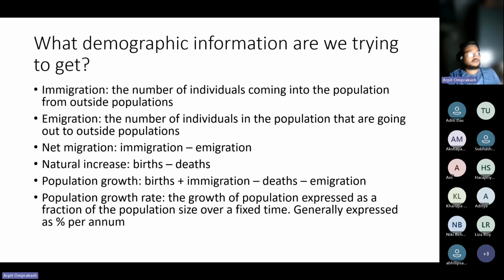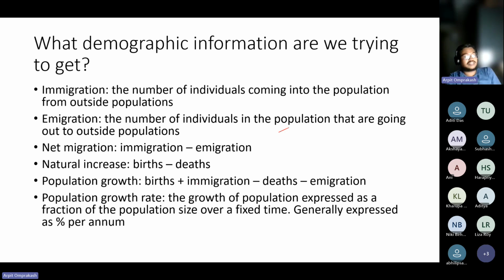Right. Other things that we might want to calculate are things like immigration, the number of individuals coming in or going out, and net migration, which is basically immigration minus emigration. If it is positive, that means more people are coming in than leaving. If it is negative, then more people are leaving. Natural increase is basically the number of births minus the number of deaths. Population growth, as talked about before, is births plus immigration minus deaths minus emigration.